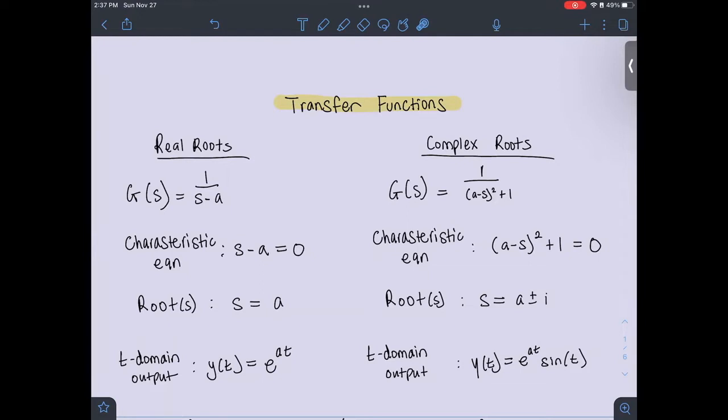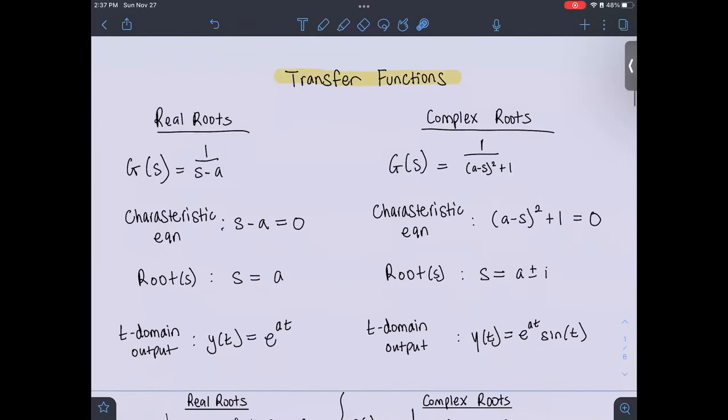You can see the characteristic equation is just setting that value equal to 0. The roots are complex, where s is equal to a plus or minus the imaginary number i. Again, taking the inverse Laplace of that original function, we get y of t equals e to the at times sine of t. So these are two general examples, and we'll be able to see for these different roots what process response they give us.